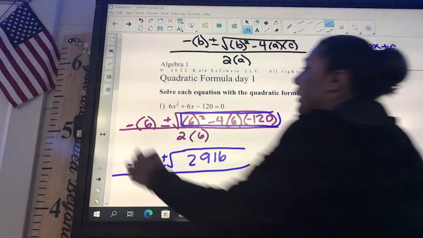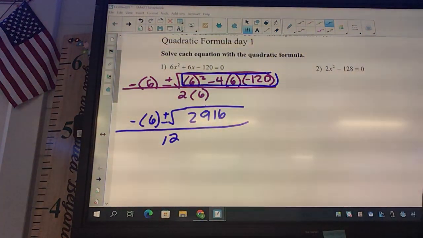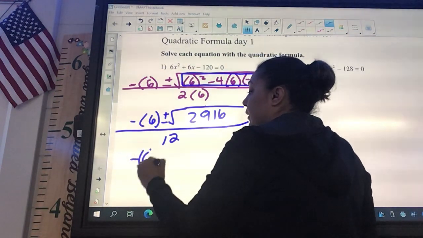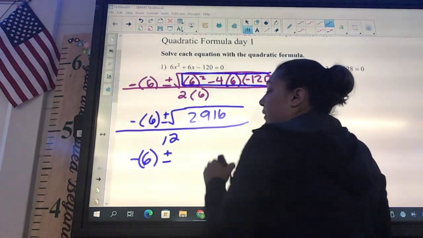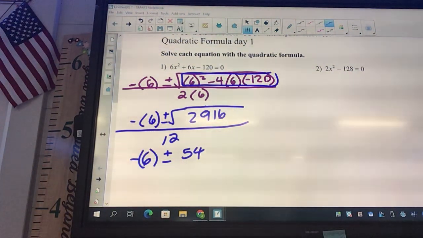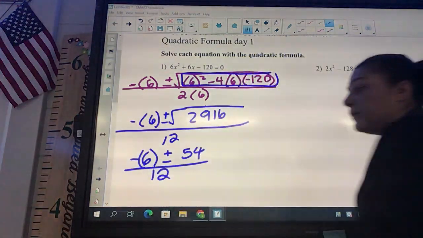Find your square root button. What is it? 54. So we got -6 plus or minus. Now, the square root is gone. That's the one thing people forget. The square root's gone. Do not write down square root. Over 12.